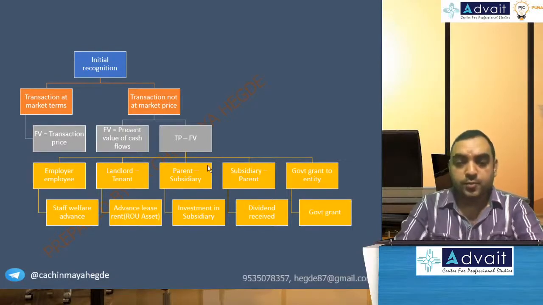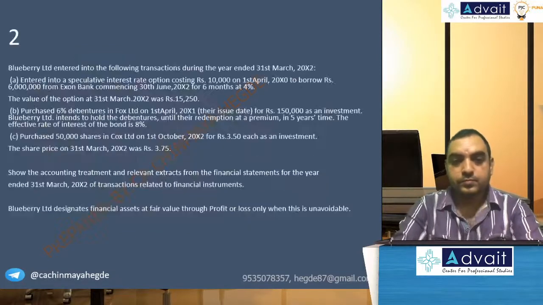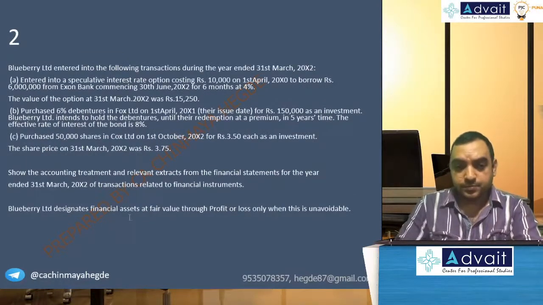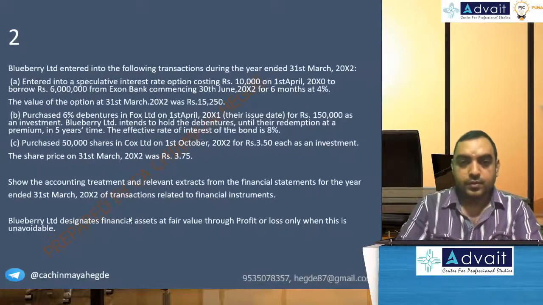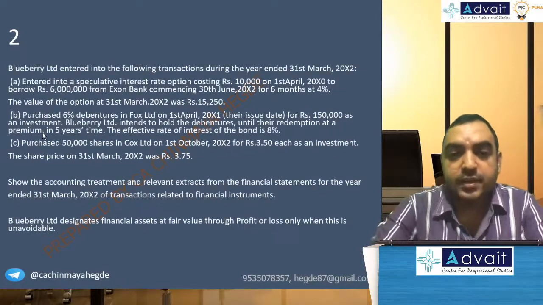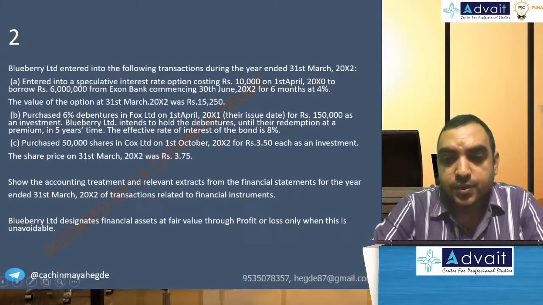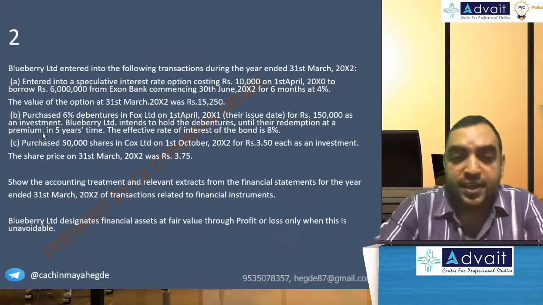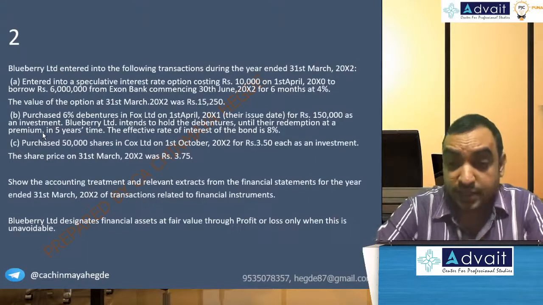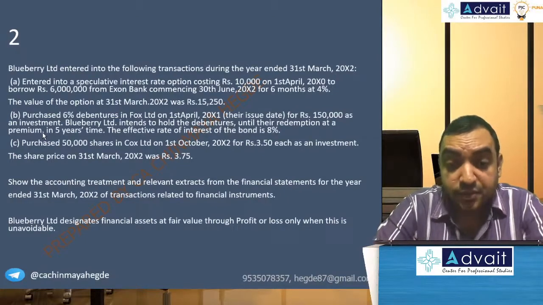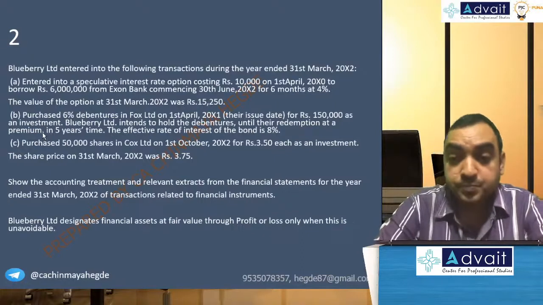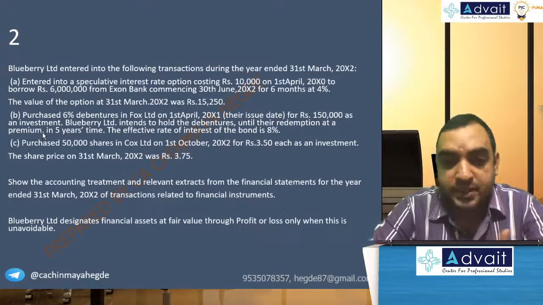Okay, let's do a problem now. Question number 2. Again, an MTP question. Blueberry Limited entered into the following transactions during the year. Entered into a speculative interest rate option costing 10,000 on 1st of April to borrow 6 million from Exxon Bank commencing from 30th of June 2002 for 6 months at 4%.